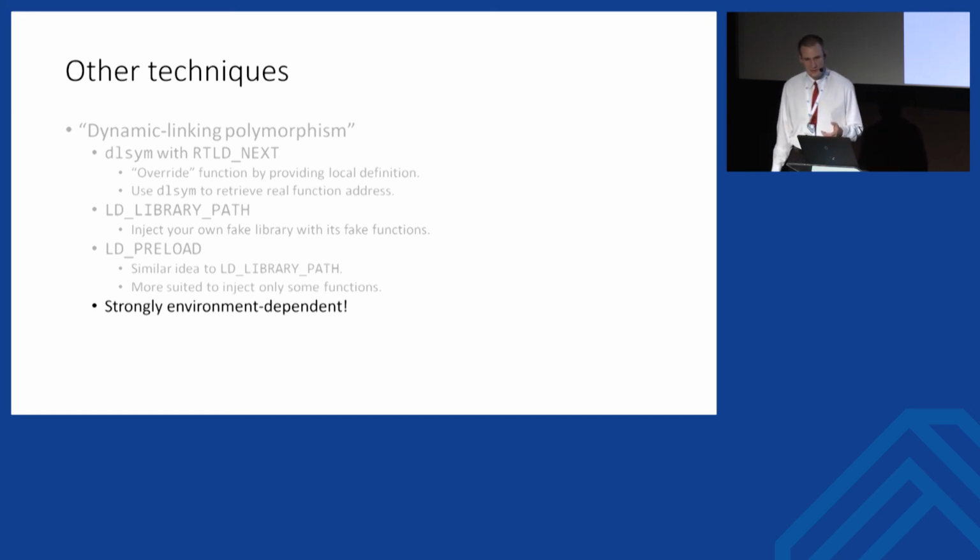And as I said, those are strongly environment-dependent solutions. I wouldn't be surprised by problems even when moving to a different version of a similar system. They also often depend on the build system you have. So this is a lot of trouble. In addition, it's outside of the source code.